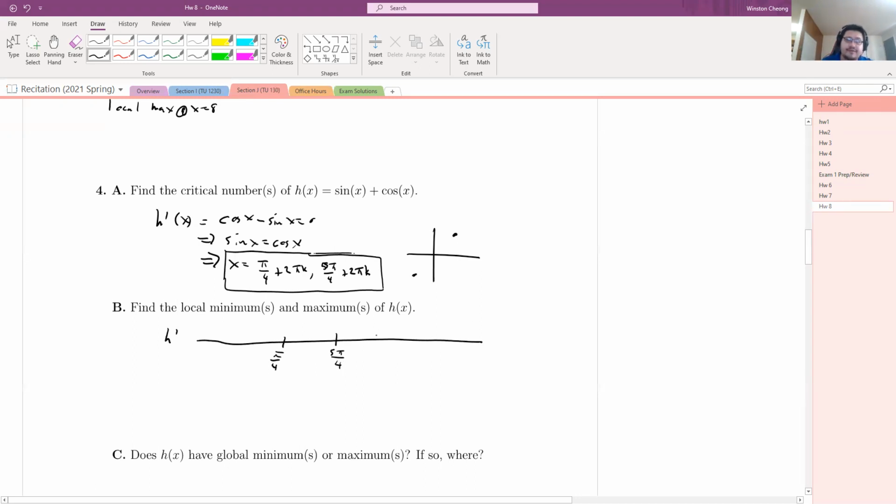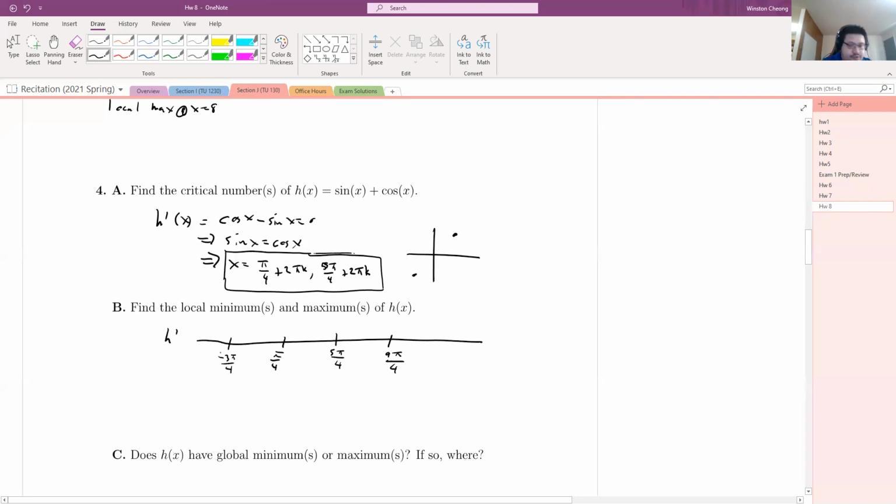But then I'm also going to wrap around the circle a little bit, so I'm going to put in the next values: if this guy corresponds to 5, then the next is 7, the next is 9, 9 pi over 4. And I'm also going to want to go backwards. So we start at pi over 4 and then go backwards. We get negative pi over 4 and negative 3 pi over 4.